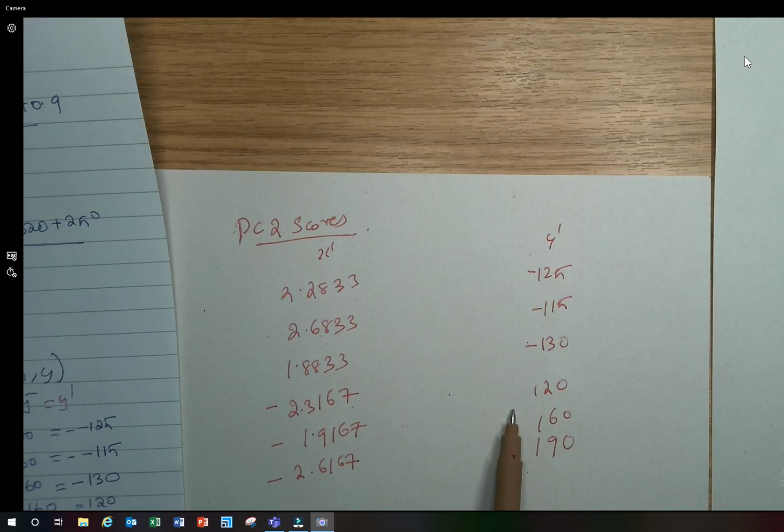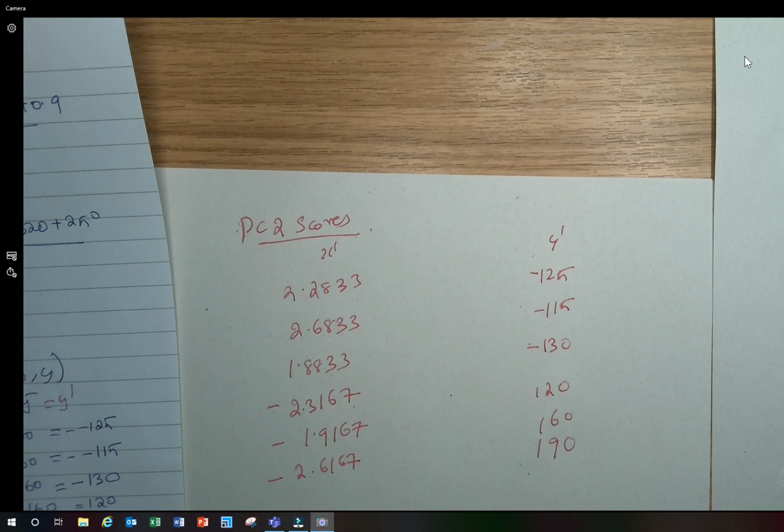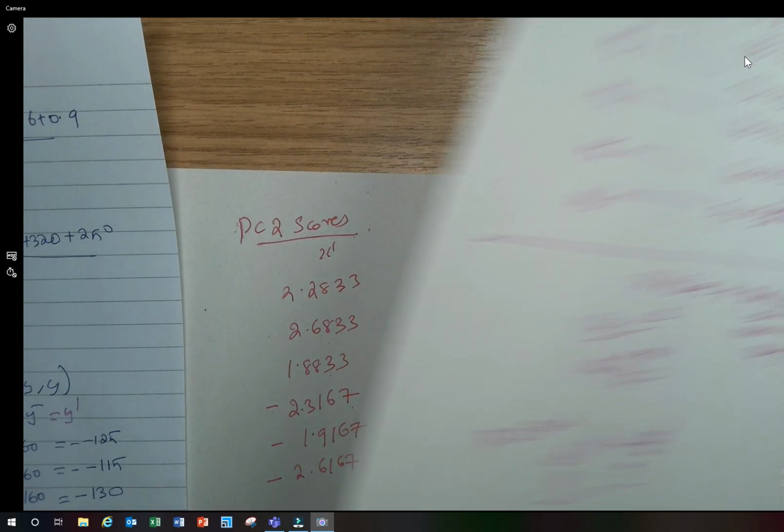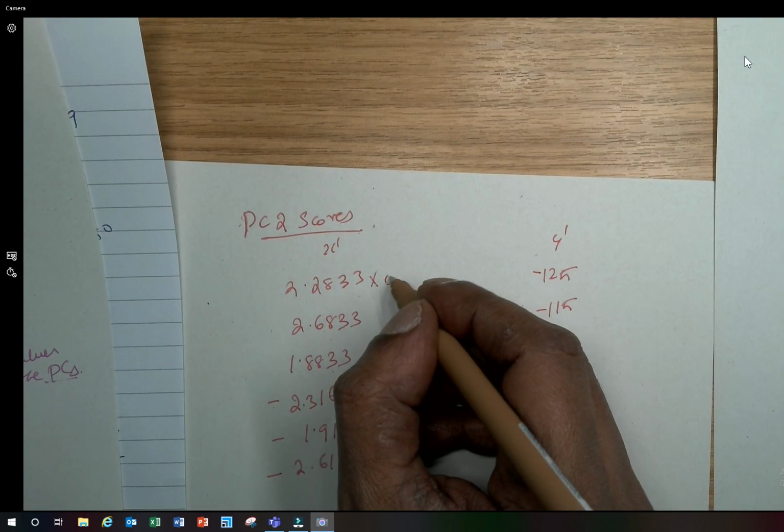So what we need to do is multiply this with v1 and v2, which corresponds to PC2, which is 0.9998 and then 0.0176.